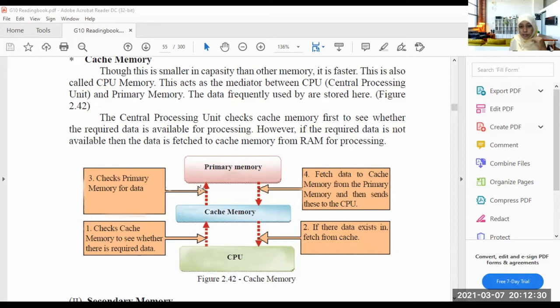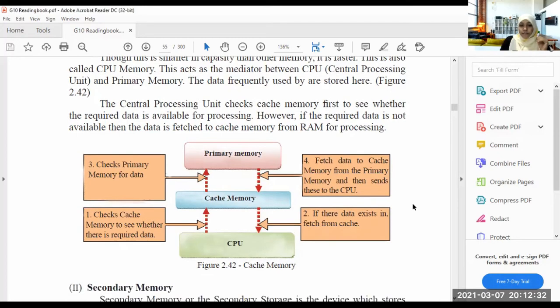So here what is happening, when someone sends data to the CPU, it checks the cache memory to see whether the required data is in the cache memory or not. As I told you, the frequently used data is stored in the cache memory, right? So it checks there whether it is stored.